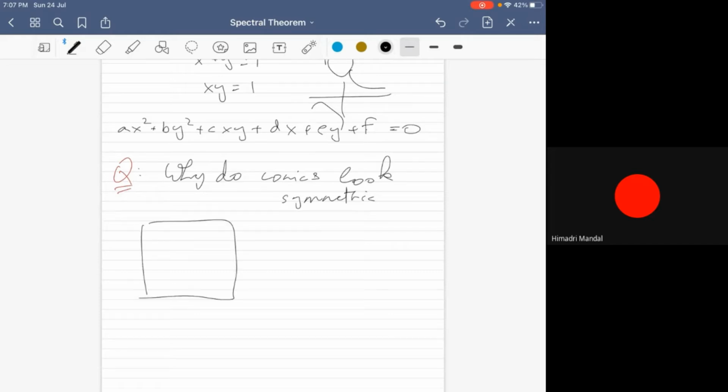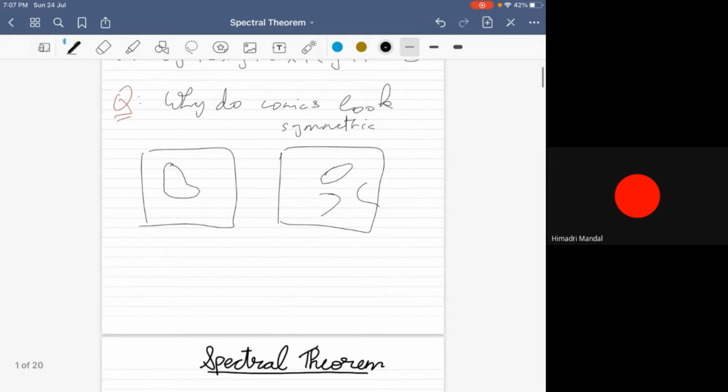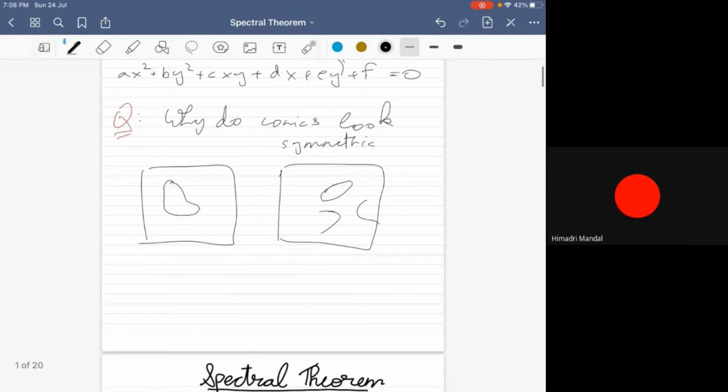Why don't conics look something like this, and why do they look like this? In particular, what I'm asking is, why do conics have line symmetry or point symmetry? For example, let's ignore the case of a parabola right now.